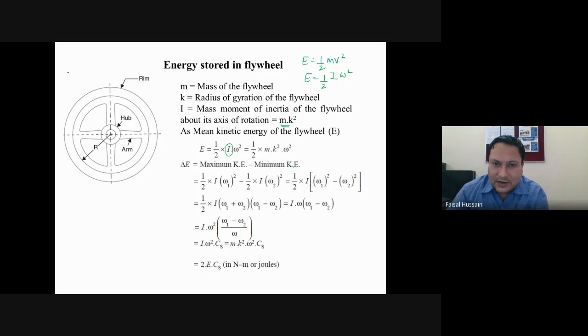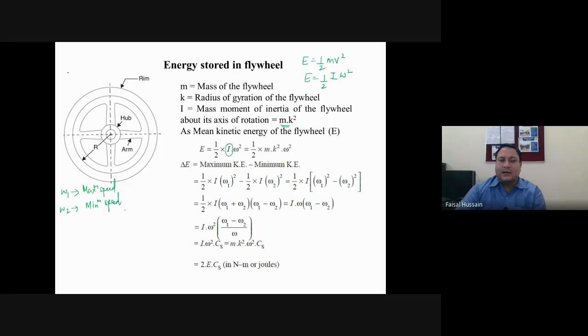Let us assume that omega 1 is the maximum speed and omega 2 is the minimum speed. So half I omega 1 squared minus half I omega 2 squared, where omega 1 and omega 2 are maximum and minimum.